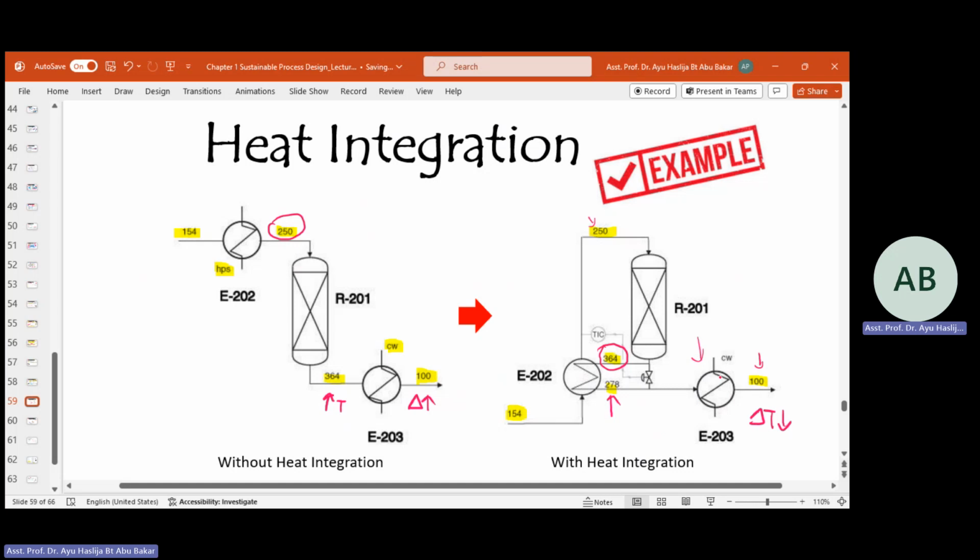Lower heat is required with the heat integration compared to without the heat integration.